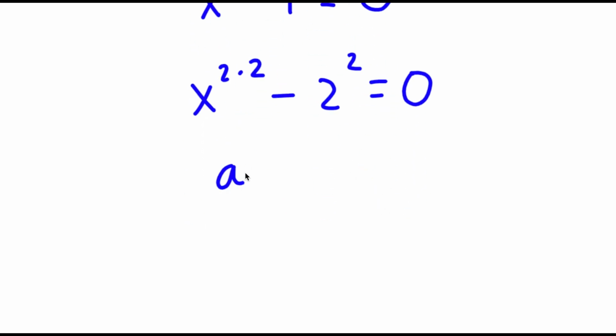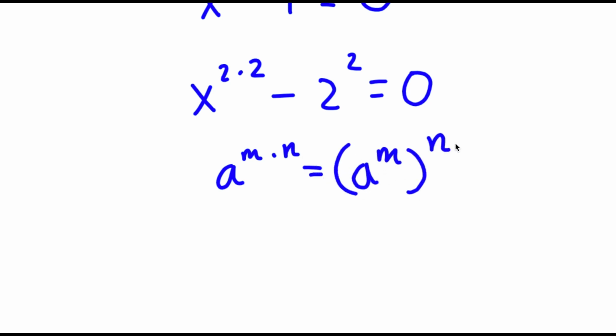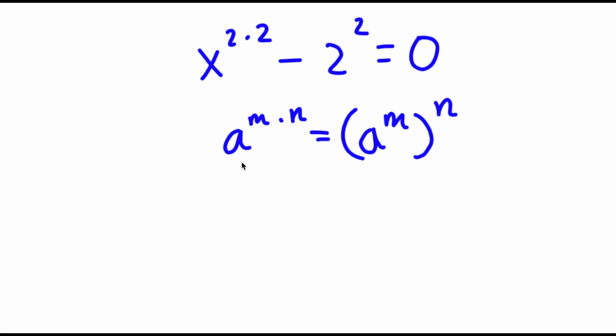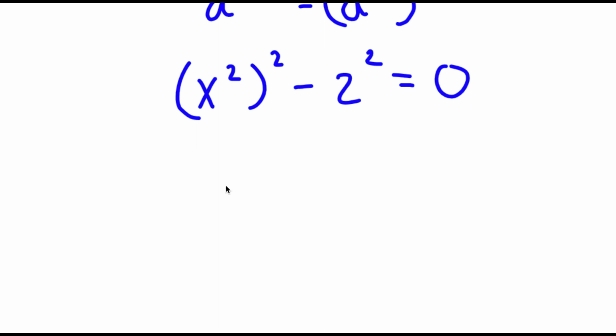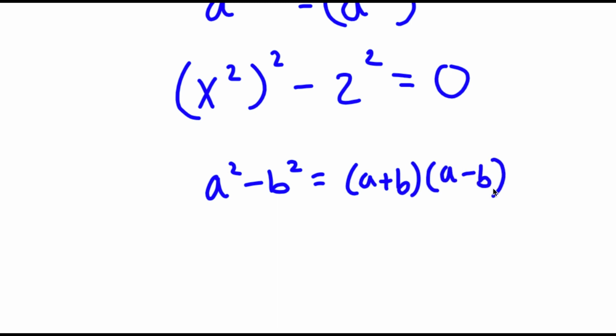Now if I have something in the form a to the power of m times n, this is equal to a to the power of m to the power of n. So x to the power of 2 times 2, that's going to equal x to the power of 2 to the power of 2. Now I have this minus 2 squared is equal to 0. Now if I have something in the form a squared minus b squared, this is equal to a plus b times a minus b.